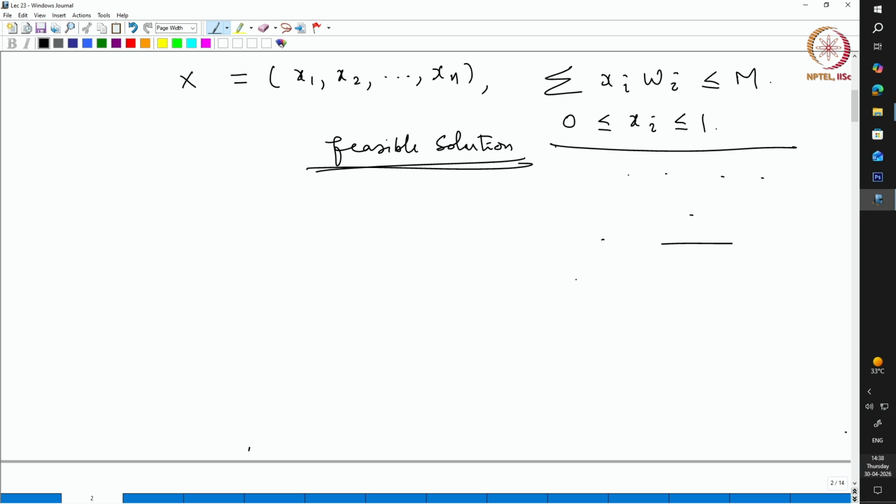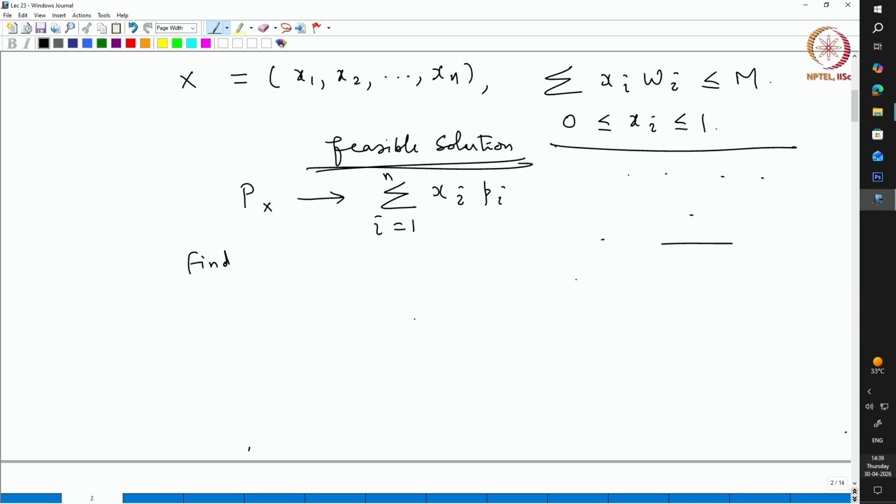For every solution there is a cost associated with it. What is the cost here? The profit associated with x. P of x is the cost associated with this, which is sigma xi pi, i going from 1 to n. And what is the optimization problem here?